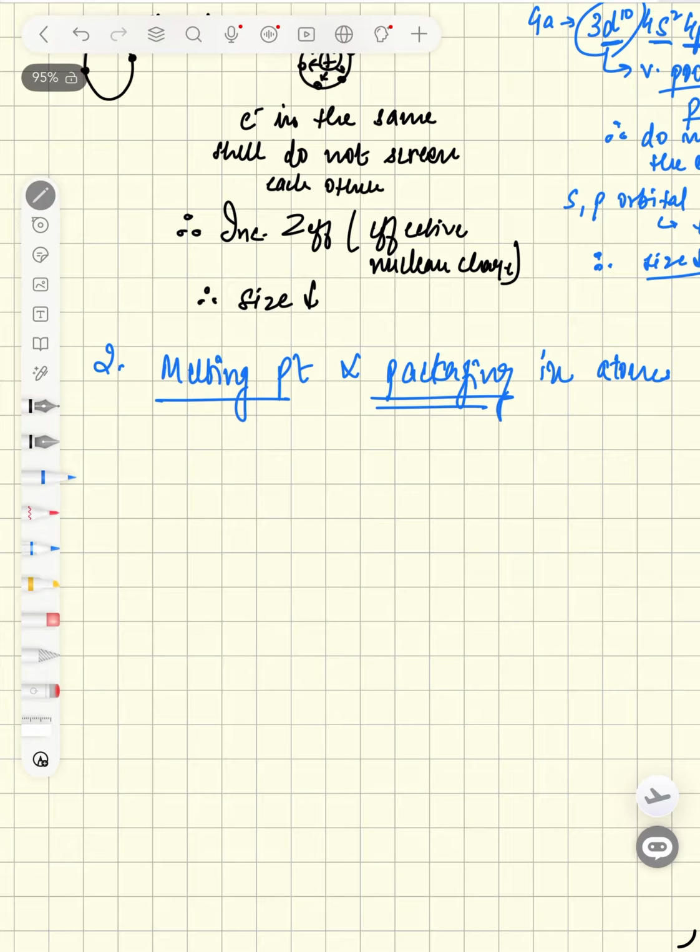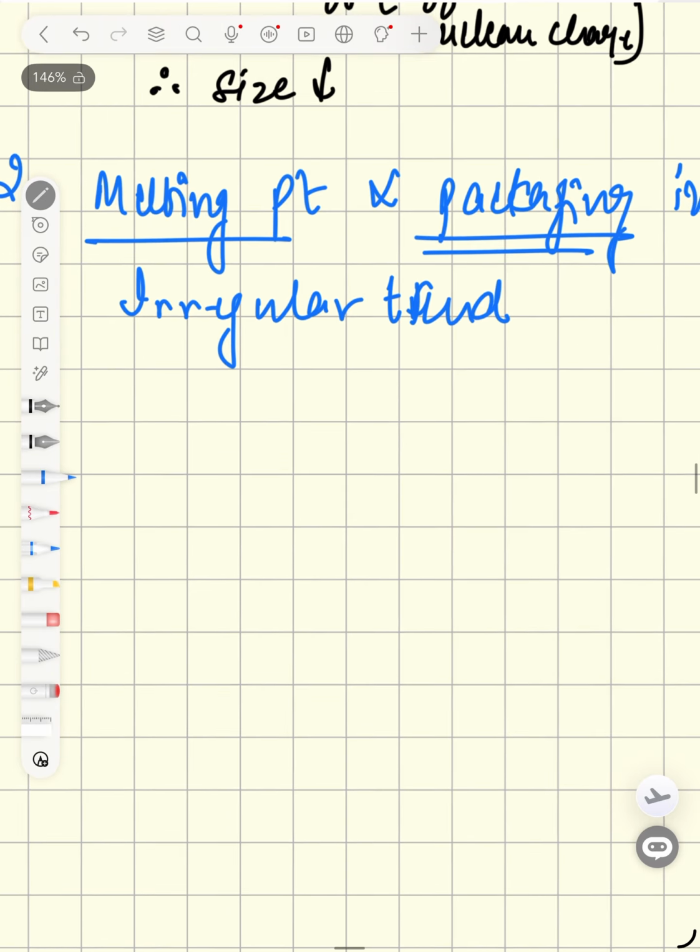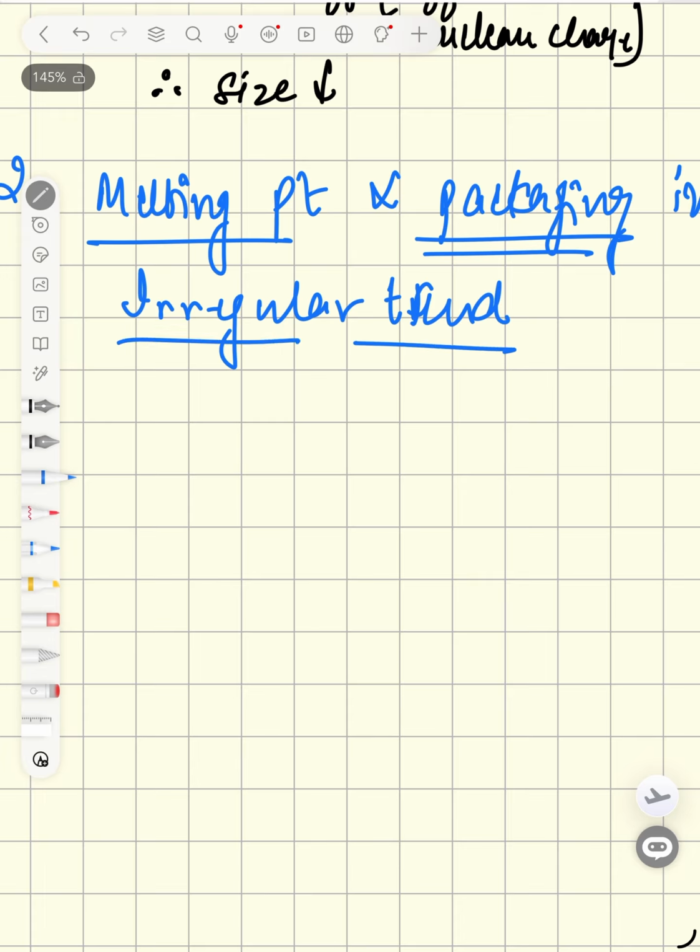From boron to aluminium, it decreases. To gallium also it decreases, but from gallium to indium and from indium to thallium, melting point is seen to increase. There is an irregular trend down the group. Now, why is that?